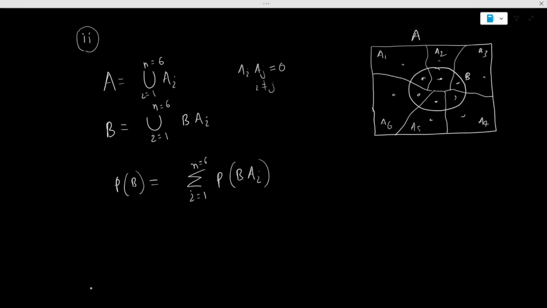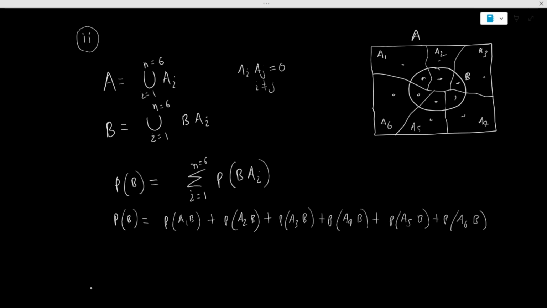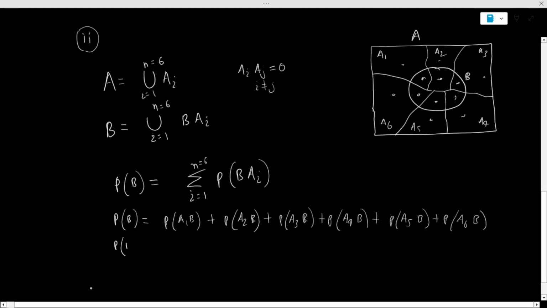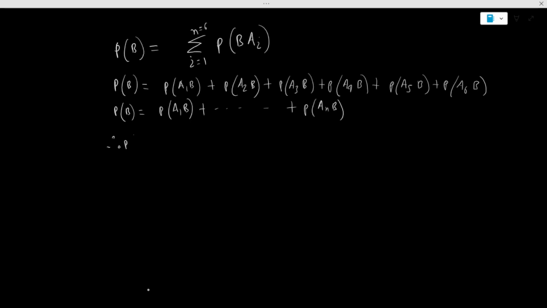If there are n partitions, we can write probability of B as probability of A1 and B, plus all the way to probability of An and B. Therefore, probability of B can be written using the summation rule we have used already: sum over i from 1 to n of probability of B and Ai.